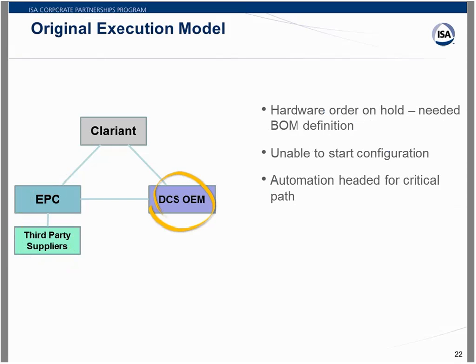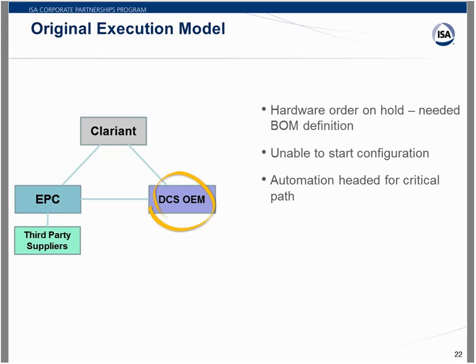As far as the DCS OEM, the hardware order was on hold. Basically, they did not have enough definition from the EPC to even be able to come up with a bill of material to get the hardware specified and ordered. They were also unable to start configuration.